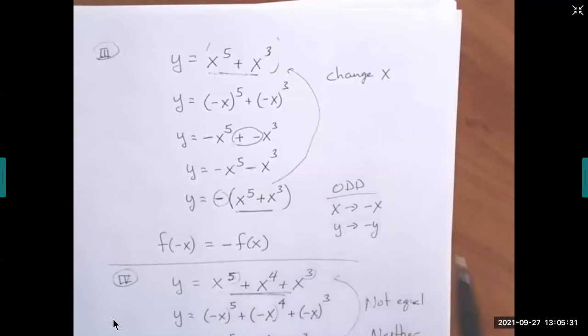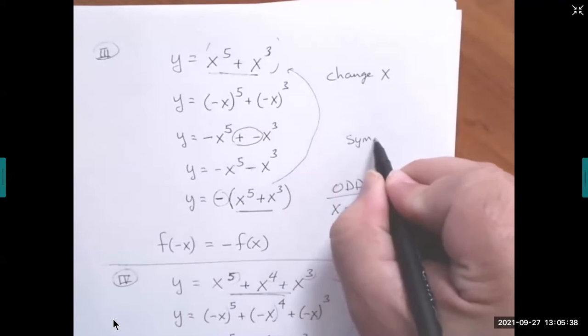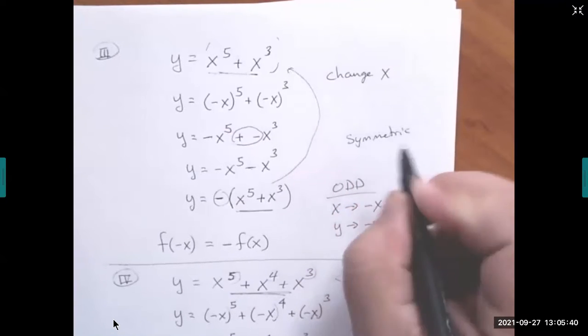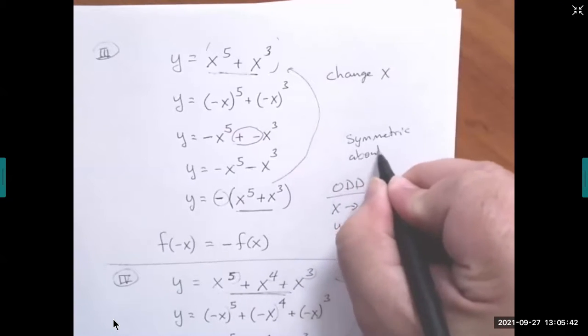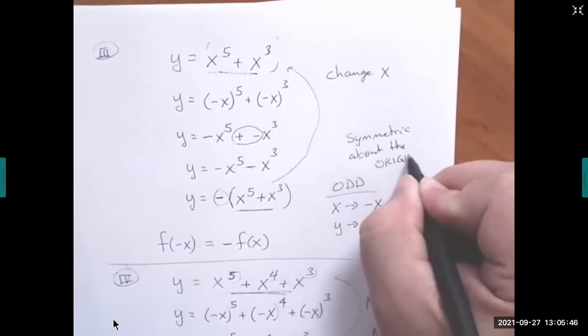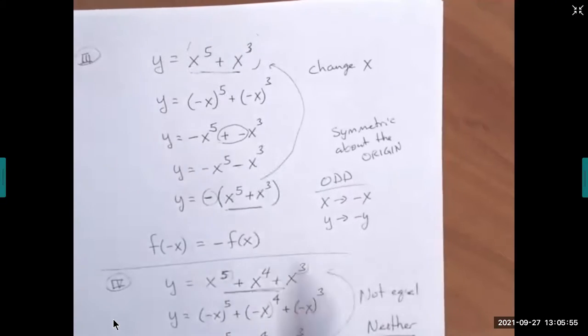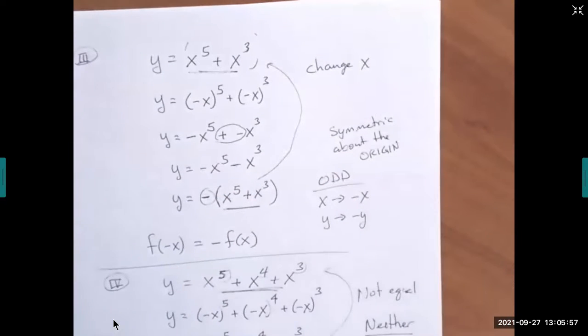So an odd function is symmetric about what? So odd functions are symmetric about the origin. So all you have to do is look at a function. If they only have odd exponents, you know it's symmetric about the origin automatically.